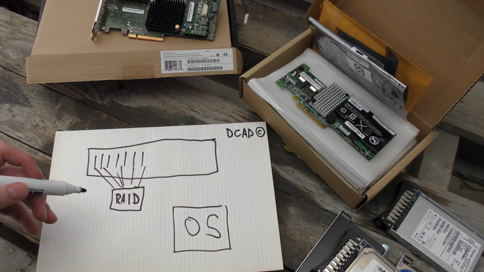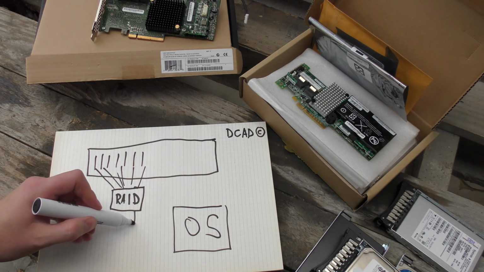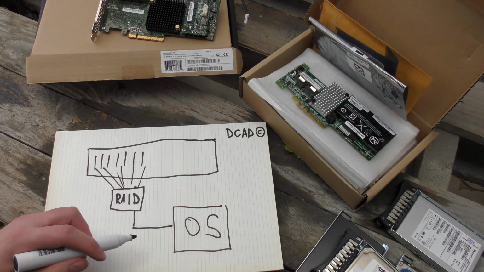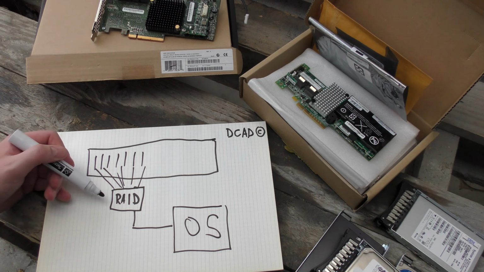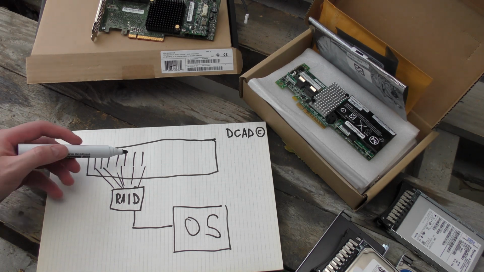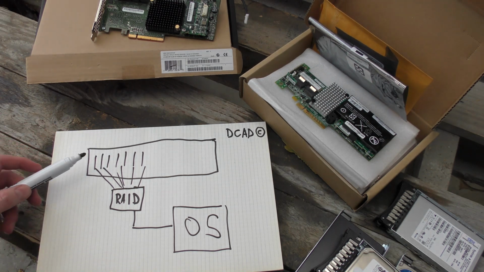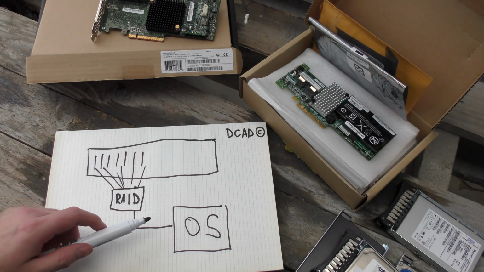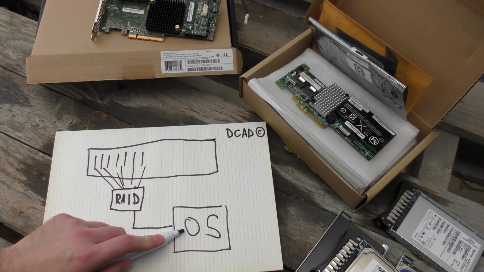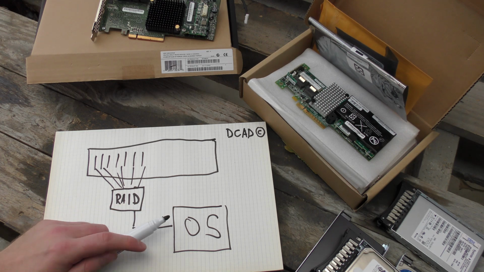OS, and the RAID controller can present these disks to the operating system in a lot of different ways, depending on the RAID controller. So if you have these 6 drives up here, you could make a RAID 5 on the RAID controller here, and the RAID controller will just present the OS with one drive.